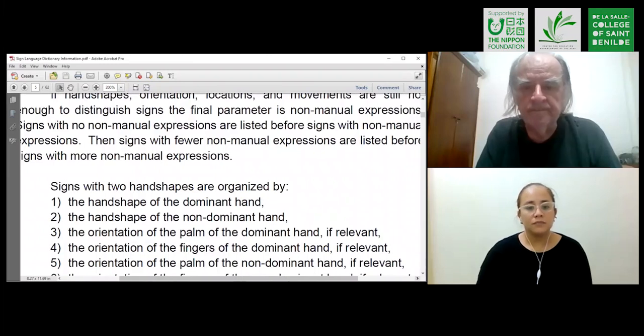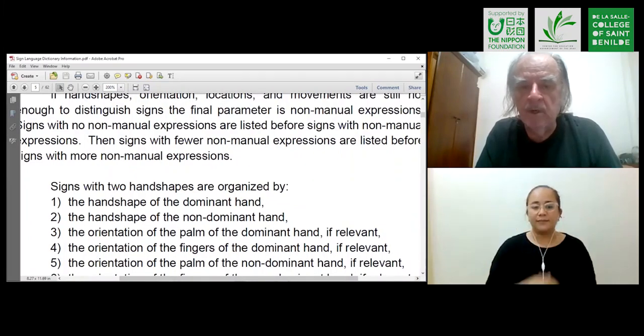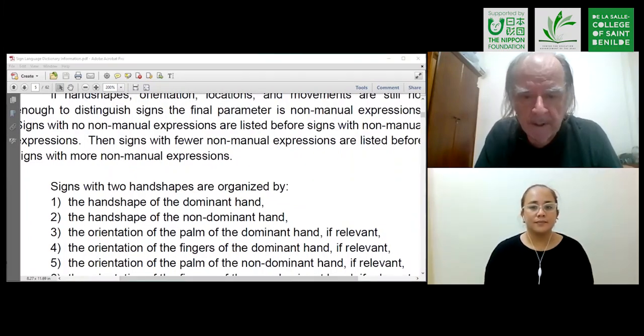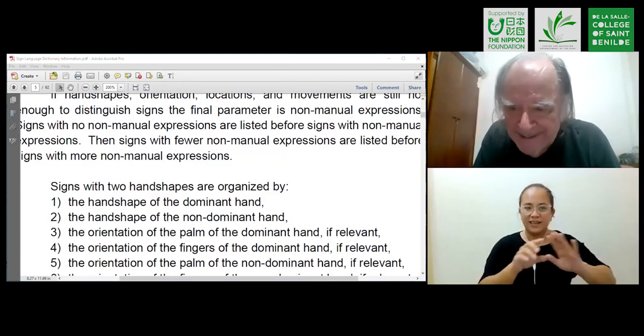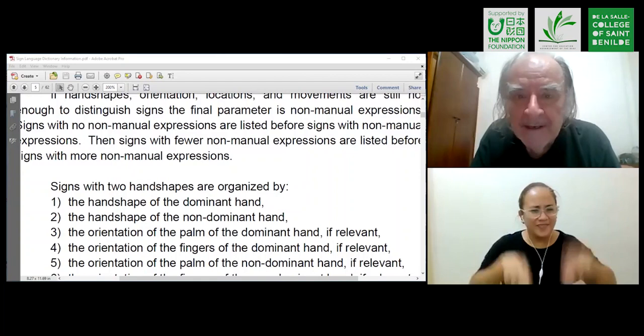Okay, so again, it's similar. Whoops, sorry. Why am I not? Let me go back. Okay, now for one-handed sign, what's going on here?